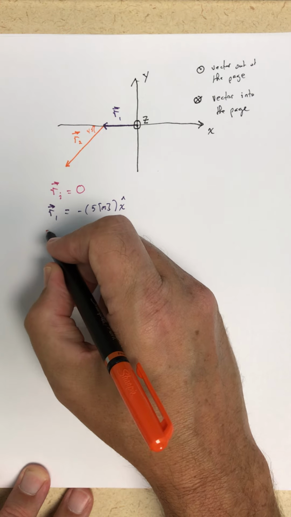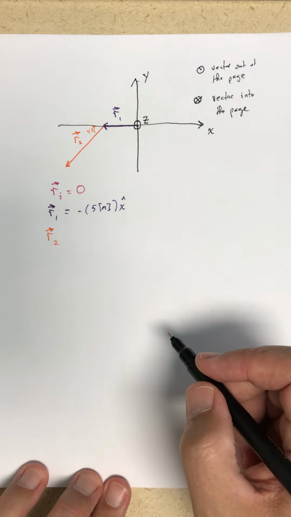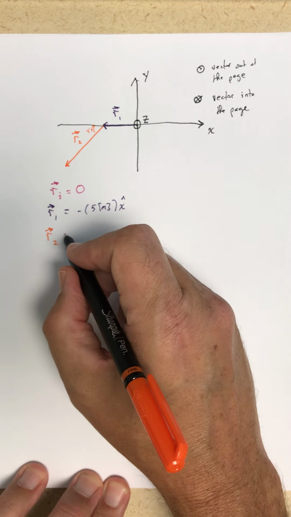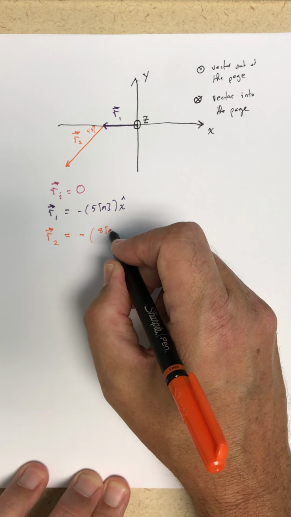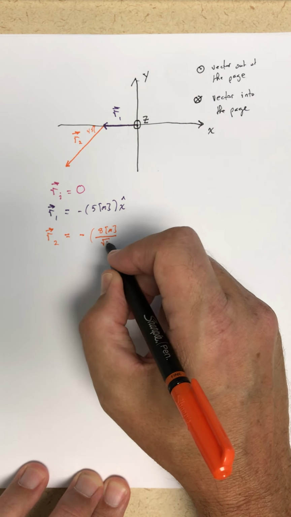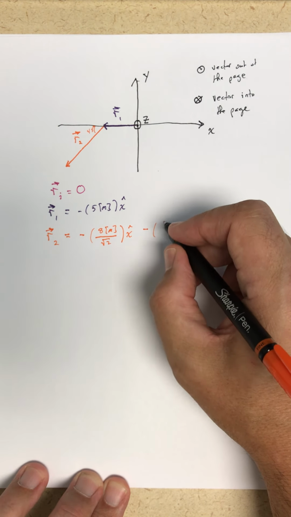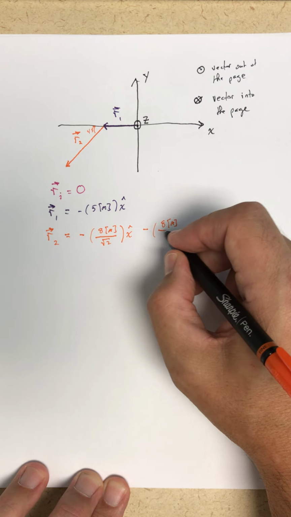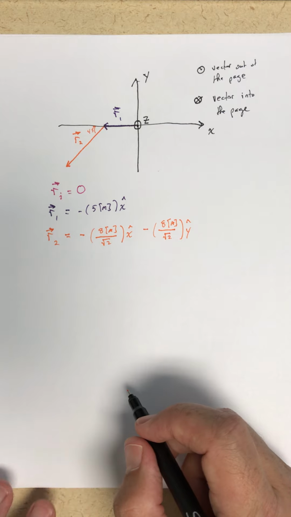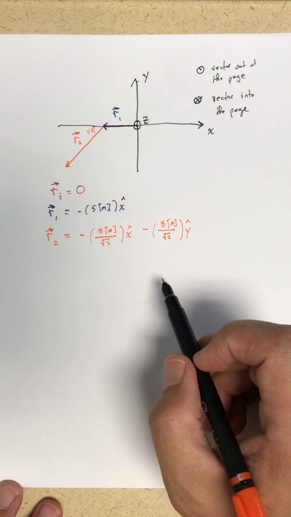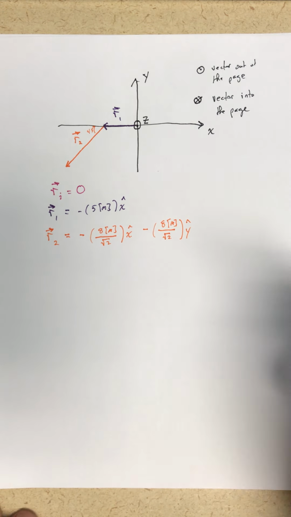So I can write out position vector 2 for that motion is 8 meters over root 2 on the x direction, and then minus 8 meters over root 2 on the y direction. And sine of 45 degrees is cosine of 45 degrees is 1 over root 2. So that's where the square root of 2 came from.